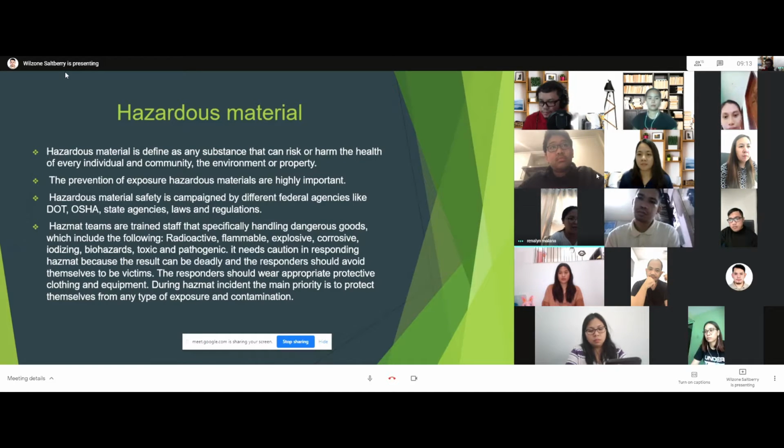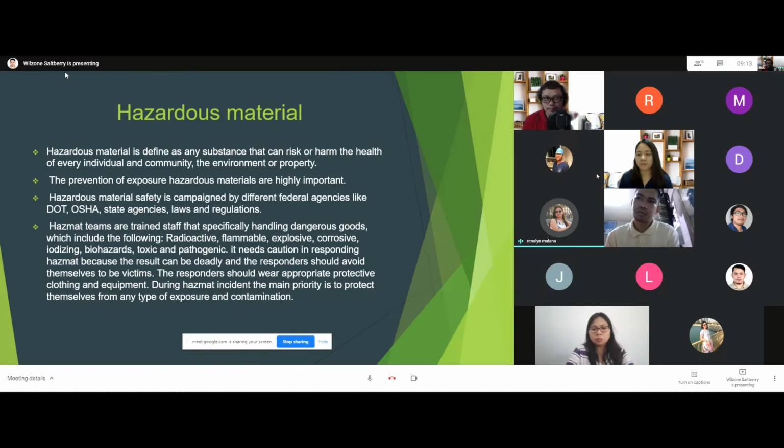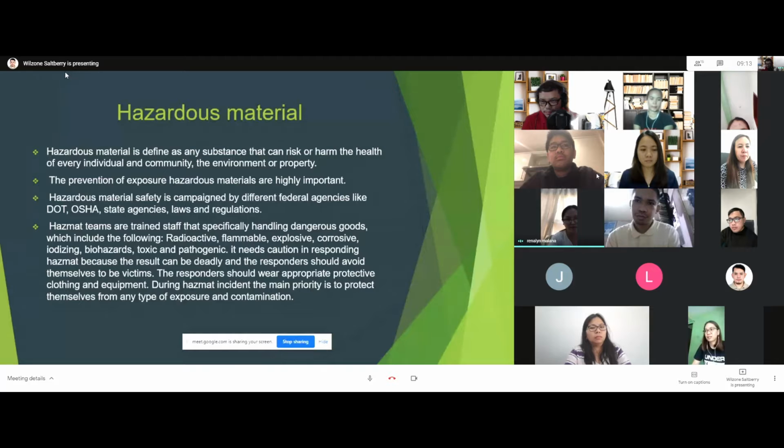Caution is needed in responding to hazmat because the result can be deadly, and responders should avoid becoming victims themselves. The responders should wear appropriate clothing and personal protective equipment. During a hazmat incident, the main priority is to protect themselves from any type of exposure and contamination.